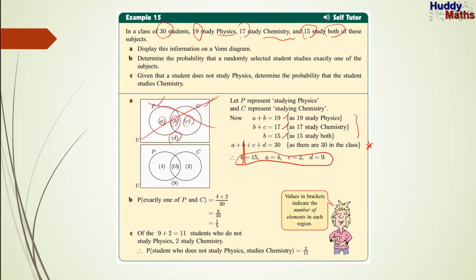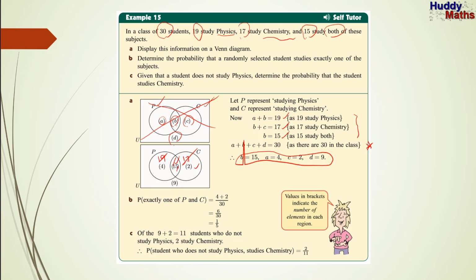You do physics, and you don't go to put 4 there. You start off with 19, and over here in chemistry you've got 17, and then when they tell you 15 study both, you put the 15 in, and you realise, well, 15 of the 19 are in the intersection, so you've only got 4 left in that set, and 15 of the chemistry are in the intersection, so you cross that out and you've got 2 left there, right?